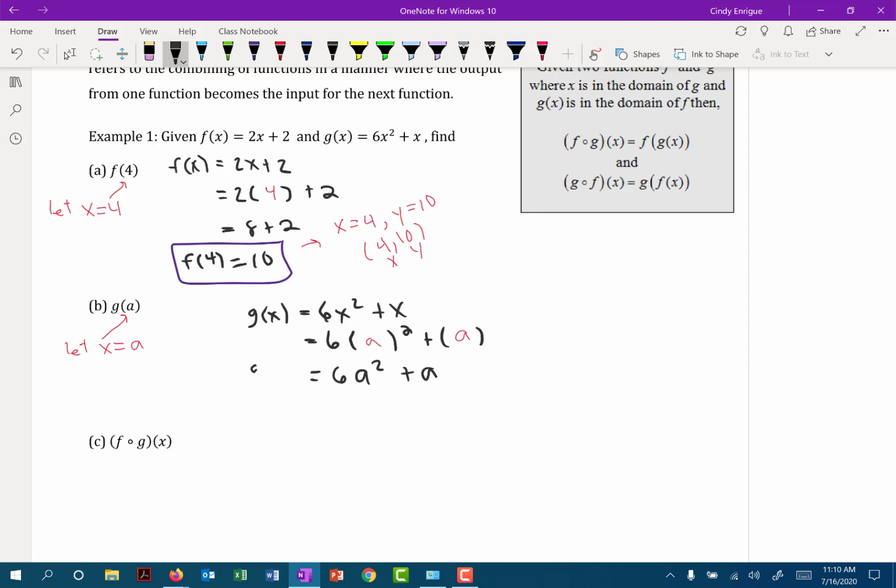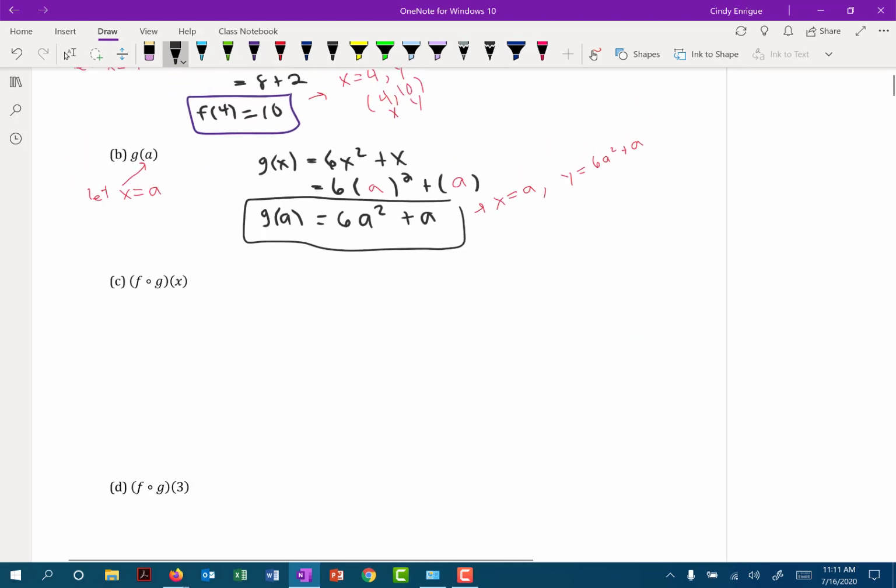So g of a is equal to 6a squared plus a. Your x value, you switched it to an a, that's all you did. Now your y value is really just 6a squared plus a. That's it.